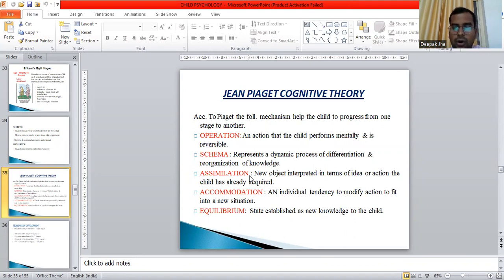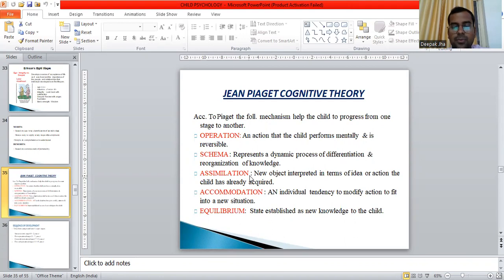But it's not a cow, it's a dog. So his mother will now explain to the child that since it is smaller in size, since it is of a different color, since it does not have horns, it is not a cow. So now the child has accommodated new data into the previously assimilated data. So what is accommodation? It is basically addition or modification of the data.